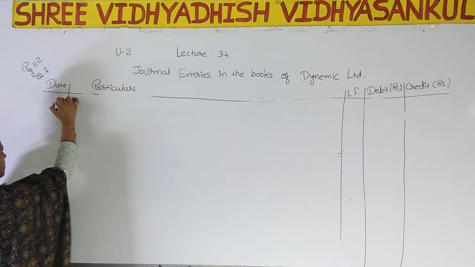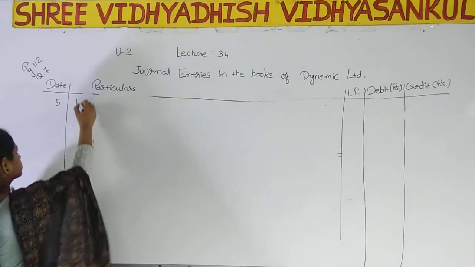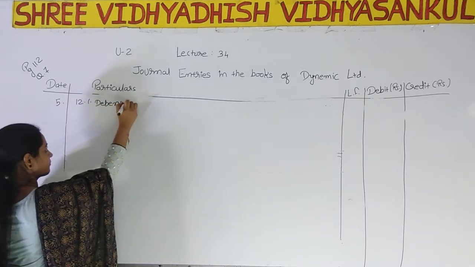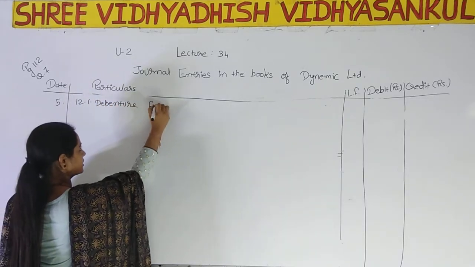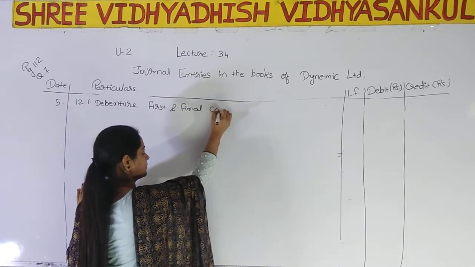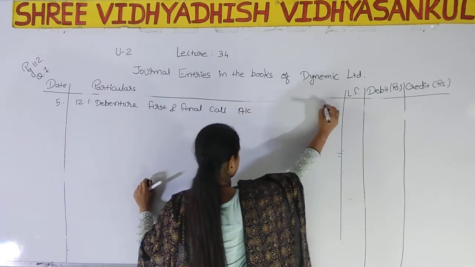Next one will be for call money. 12% debenture first and final call account debit, because the call's full name is first and final call account, right?